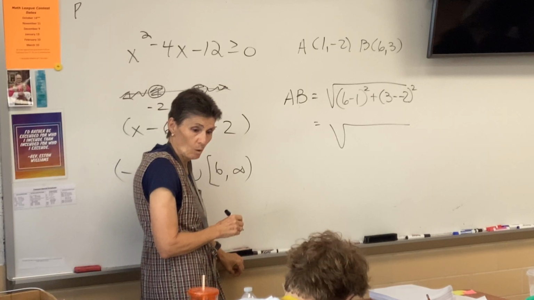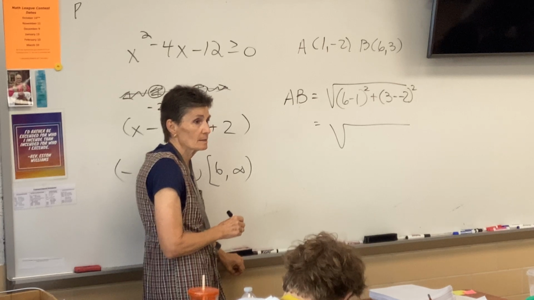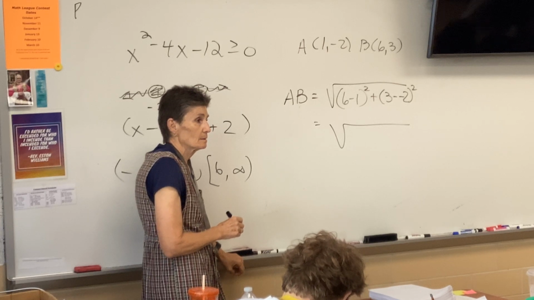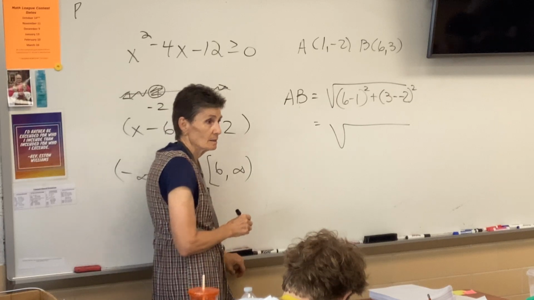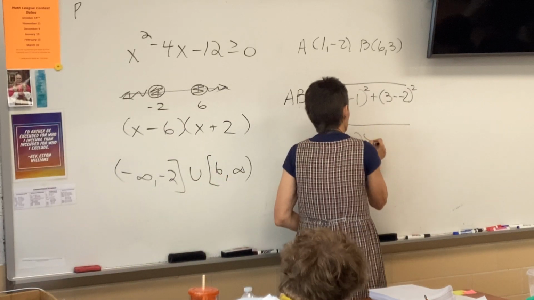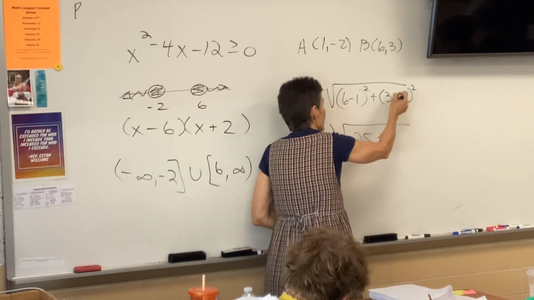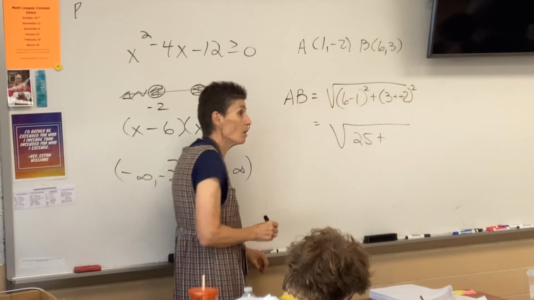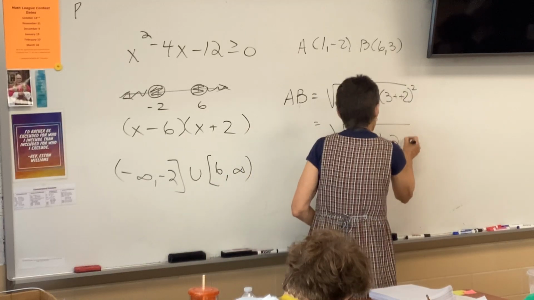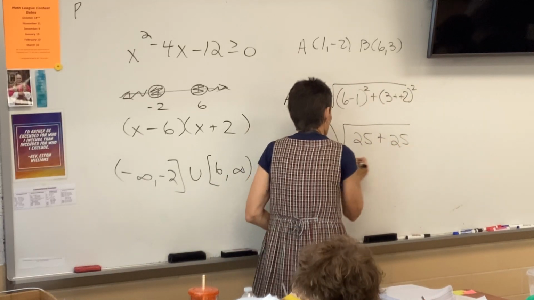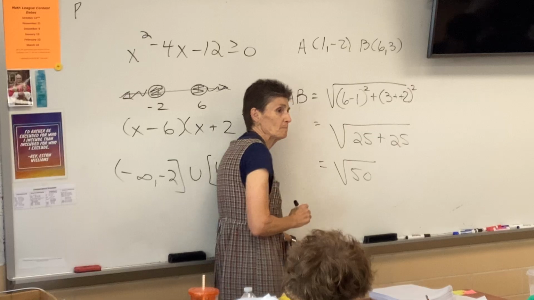Six minus 1 is 5, and 5 squared is 25. 3 minus negative 2 is also 5, squared is also 25. Do I have the square root of 50?